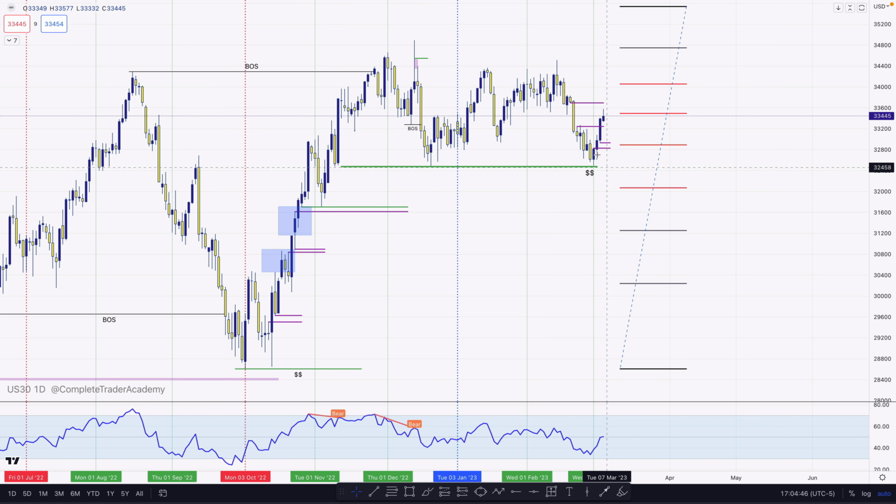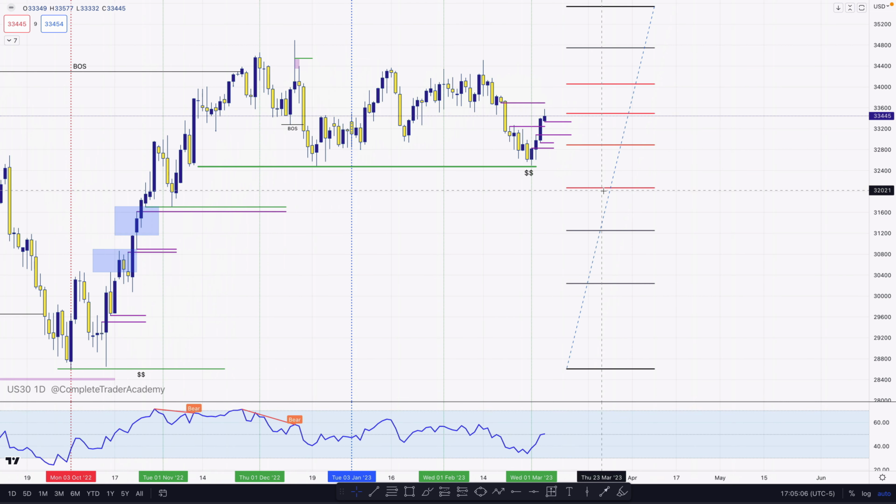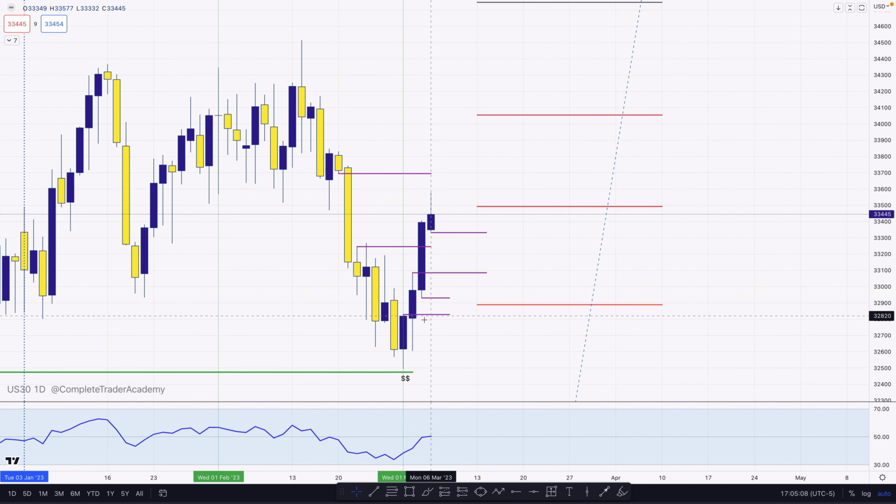So that's that imbalance of those days, and then we have this imbalance, which is going to be in between Thursday, Friday, and then today is Monday's candle right there. So don't get too lost in that. You can see that this imbalance is for here, and then this imbalance right here is for these two lines, and then this is the one we're working on, that major daily one.